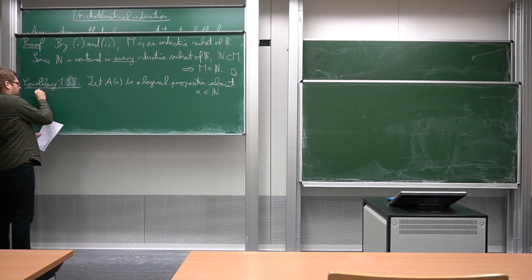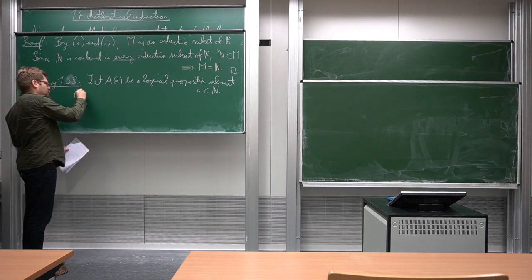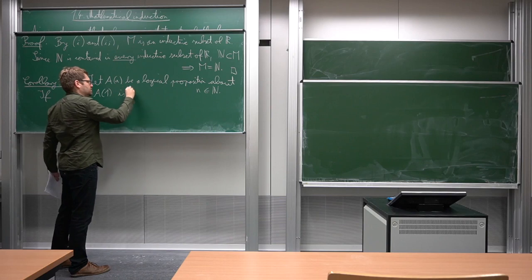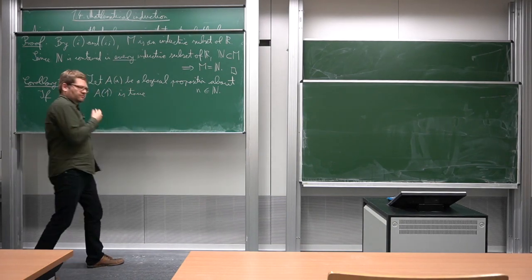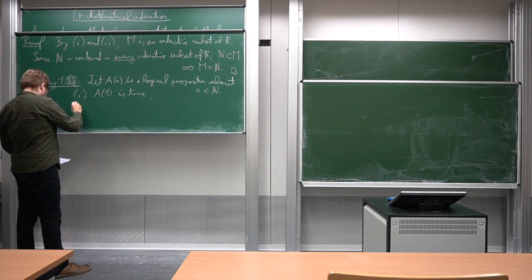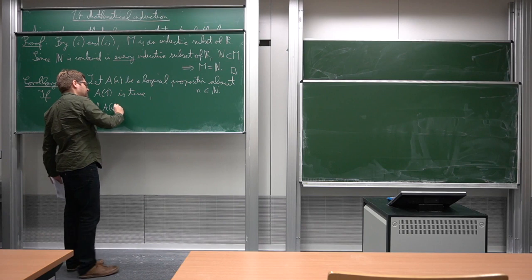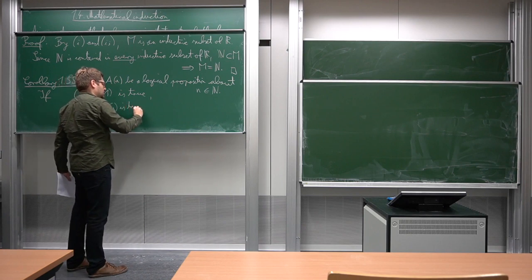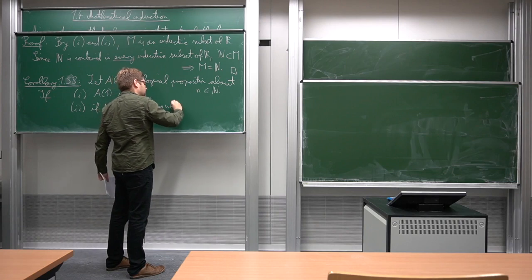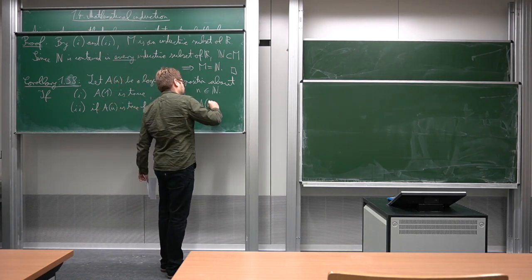So if the following conditions hold, first of all, A of 1 is a true statement. So inserting 1 for this natural parameter, we get a true statement. Secondly, we know that if A of n is true for some n in N, then it follows that A of n plus 1 is true.